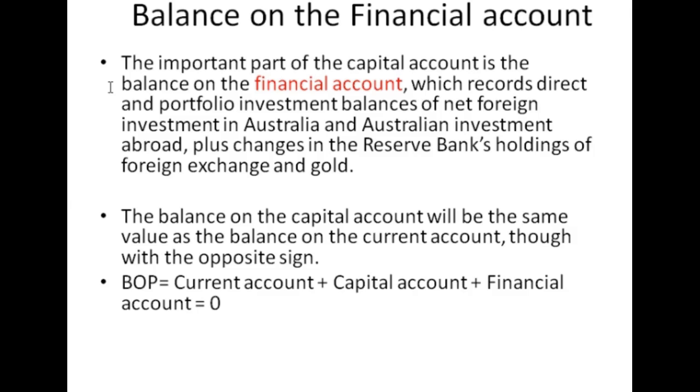So this part of the capital account, which is also known as financial account, records the direct and portfolio investment, as I already mentioned, plus changes in the reserve bank's holding of foreign exchange and gold. So our balance of payment is equal to the current account plus the capital account plus financial account, and that should be equal to 0.